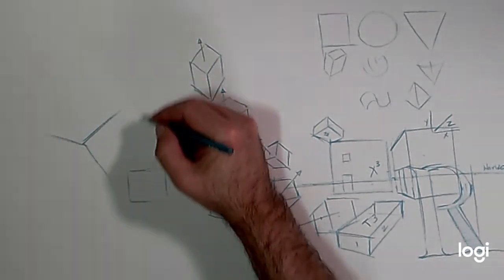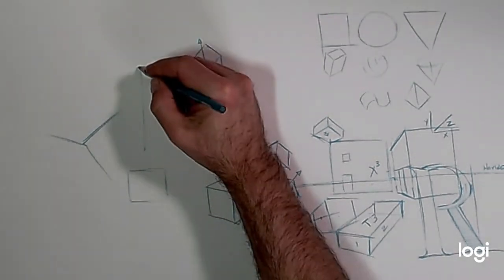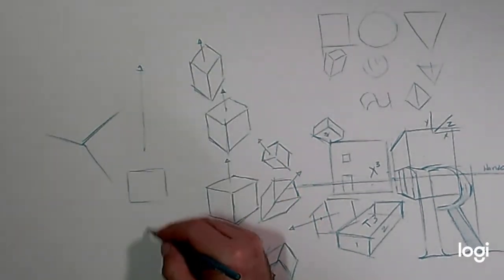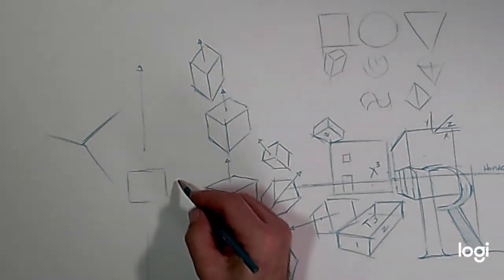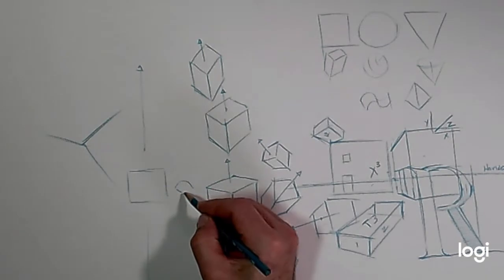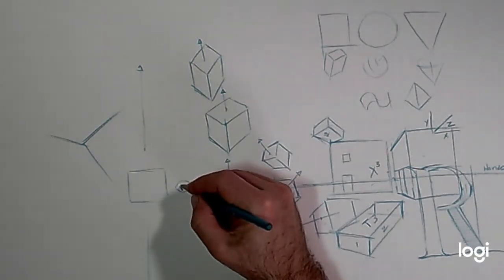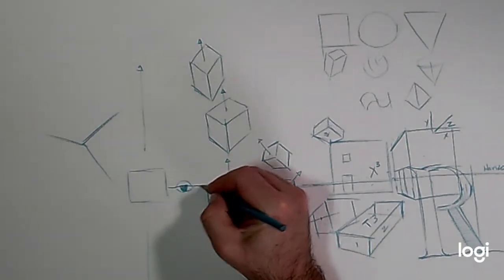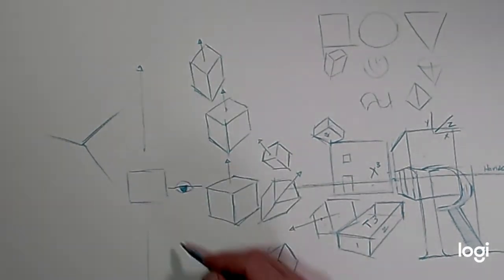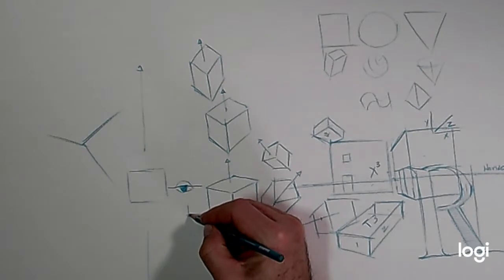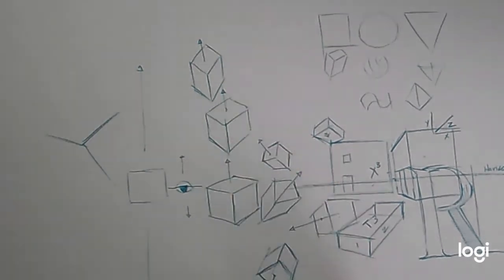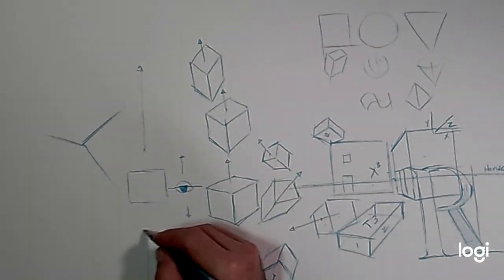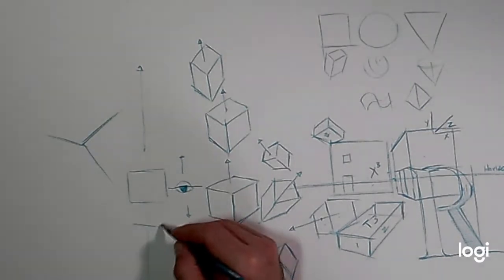I'm going to draw a set of cubes whose axes is all this way. However, this one is going to be at my eye level, and this will be below eye level, and that direction will go above eye level, okay? So here I'm starting to go below eye level.